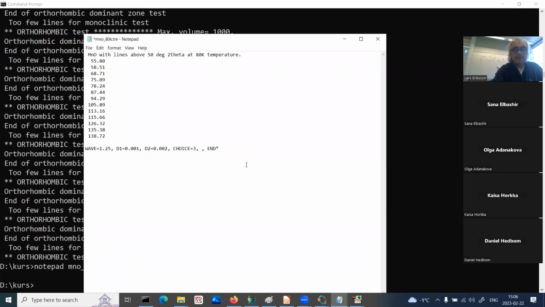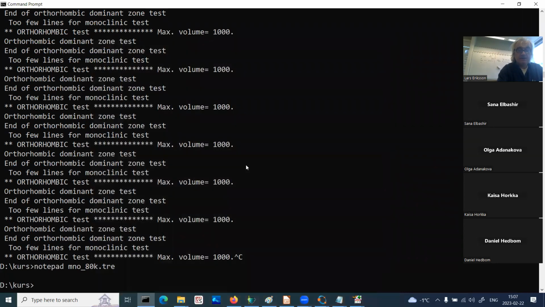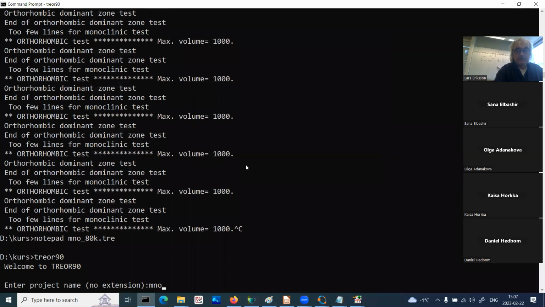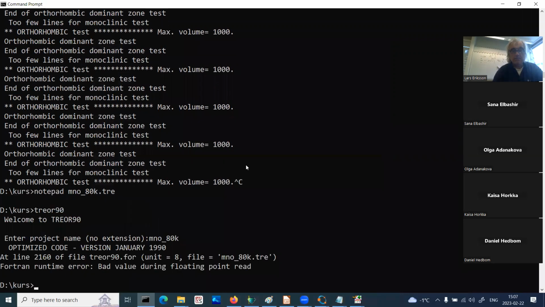Take away the negative volume, which indicates test all symmetries. Otherwise, it will. I mean, it shouldn't be like that. There is an error there.